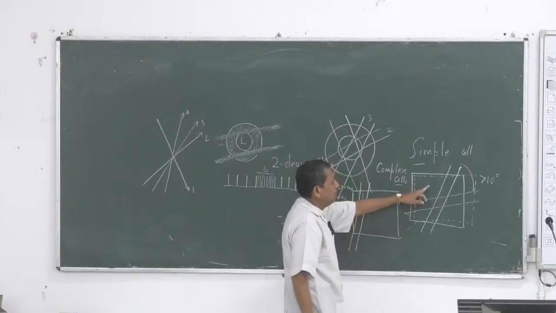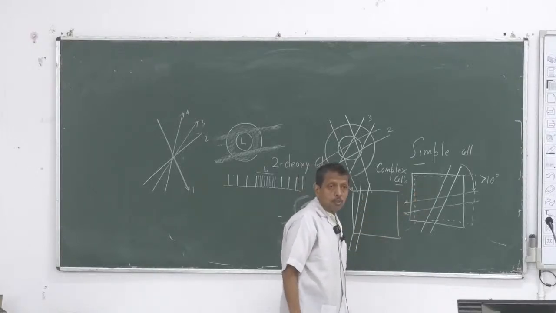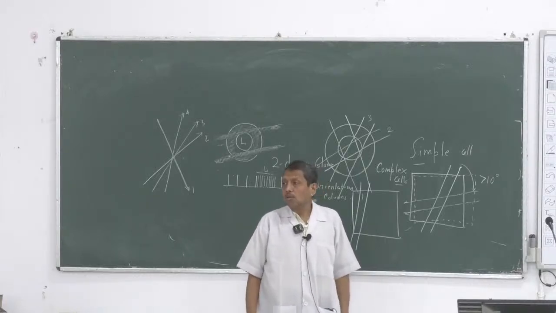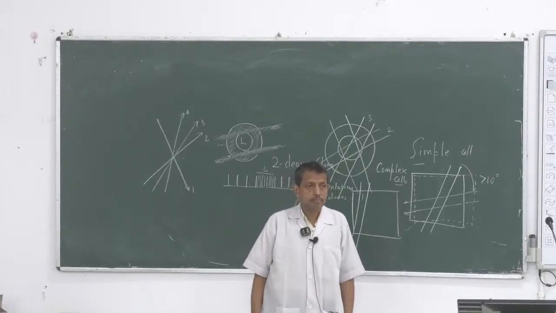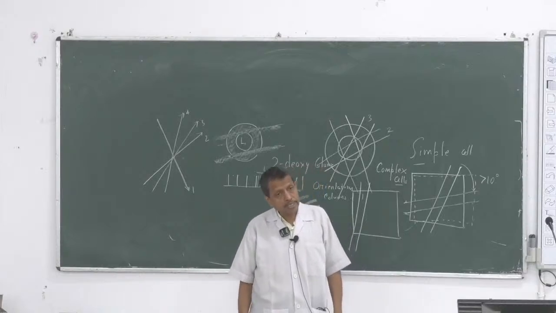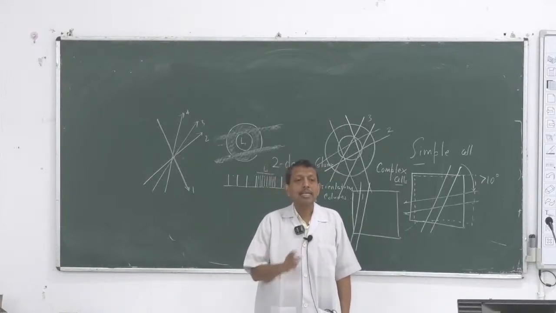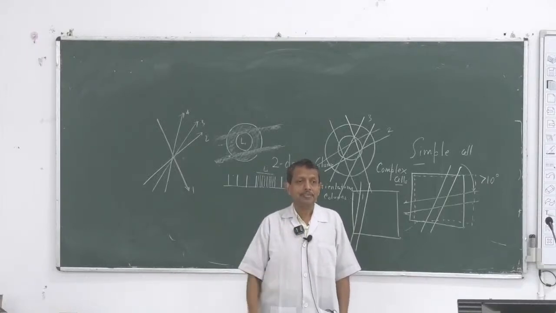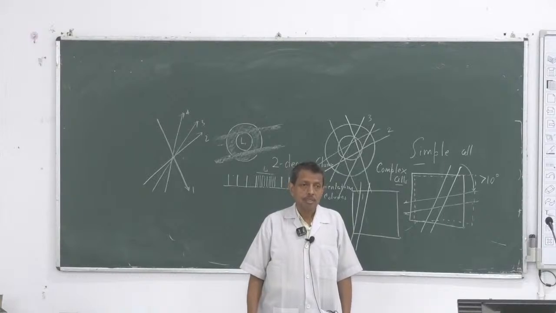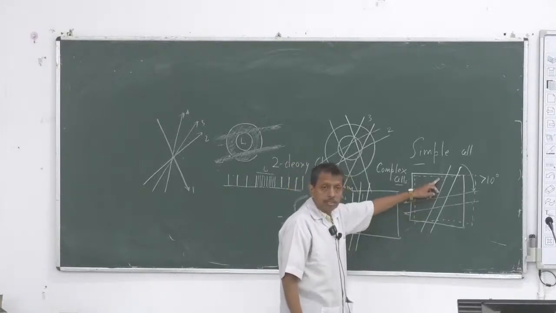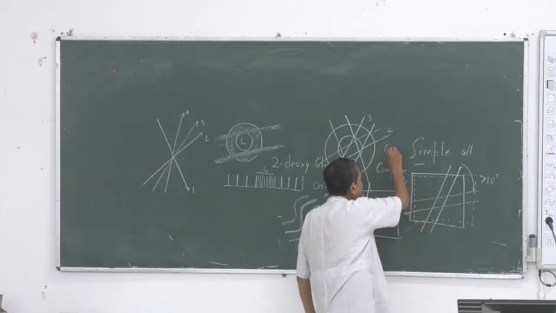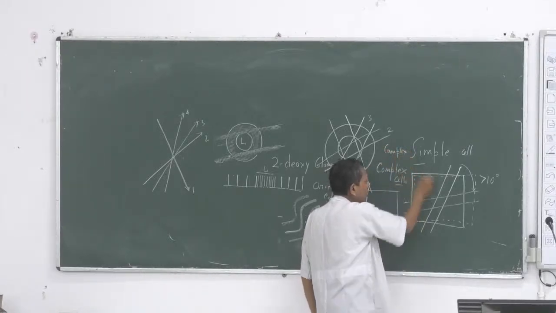Complex cells are also orientation specific, but they are not location specific in that sense. They are orientation specific, but not location specific, and they respond better when the stimulus is moved laterally. This is the simple cell, and when a complex cell is there, this complex cell will respond to this orientation.